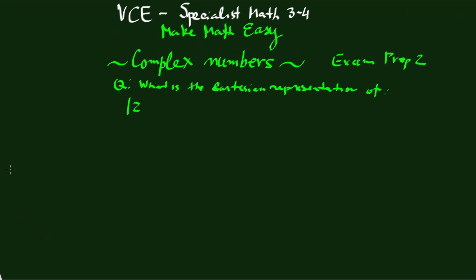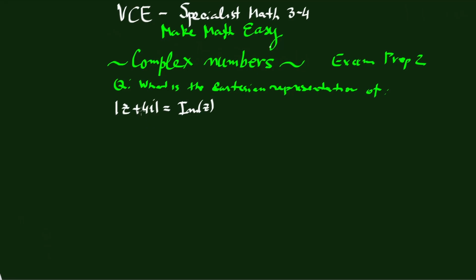Absolute value of z plus 4i equals, now we go to the imaginary part of z.